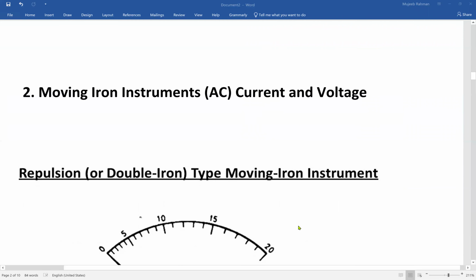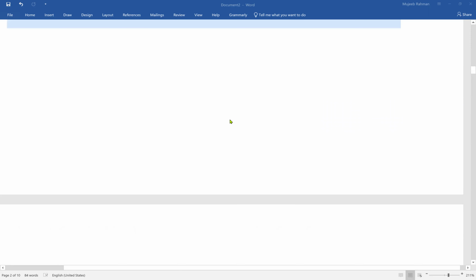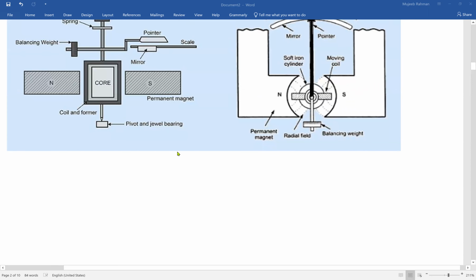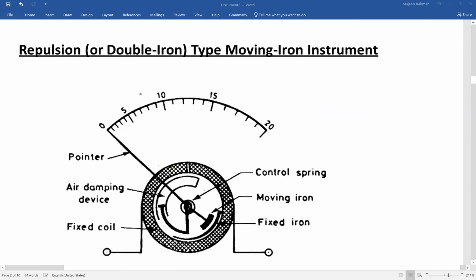Now, the next type of instrument is called moving iron instruments. These types of instruments basically work under the principle of electromagnetism, where instead of permanent magnetic poles, the system involves electromagnets.